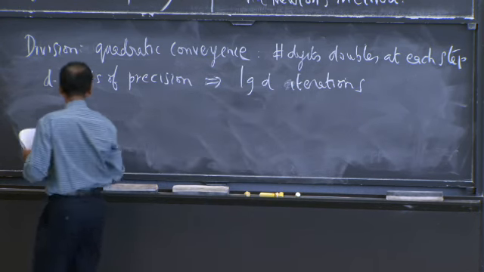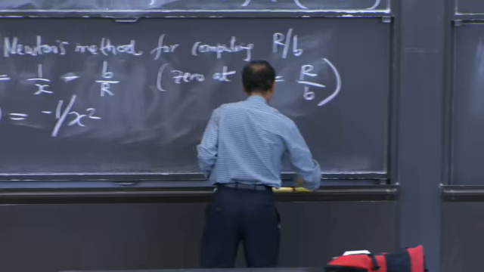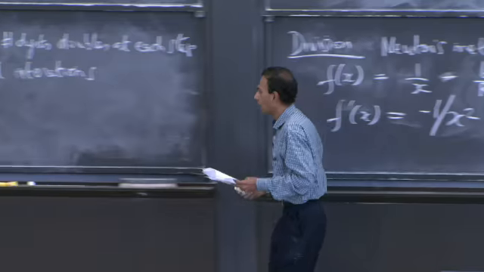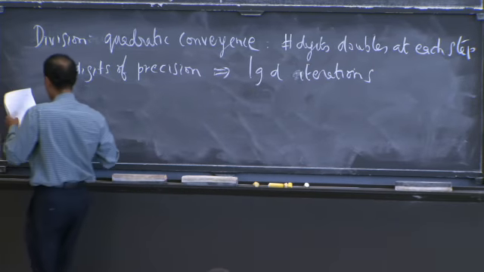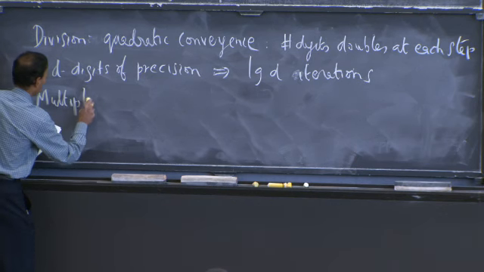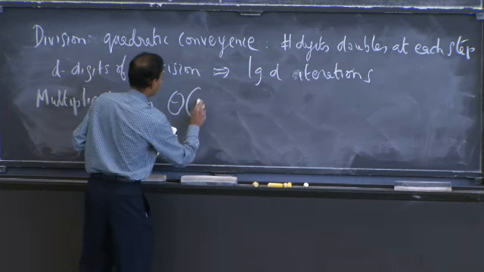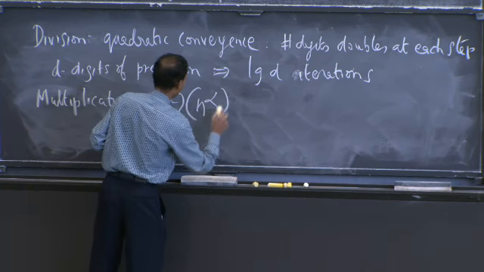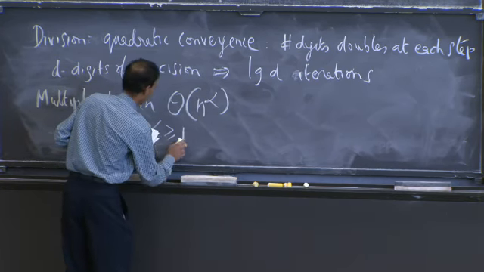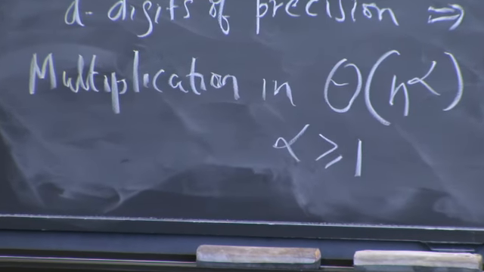Now let's say that we have a particular algorithm for multiplication. Since we have so many different algorithms, I'm going to say multiplication runs in theta of n raised to alpha time, where alpha is greater than or equal to 1. I just want to be general about it.